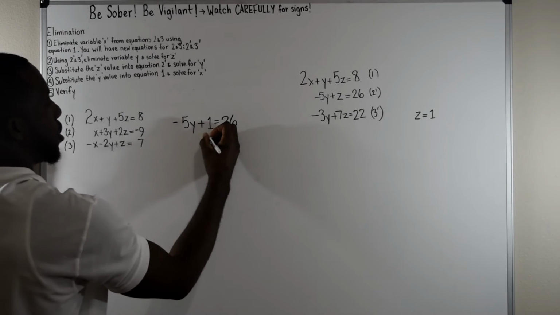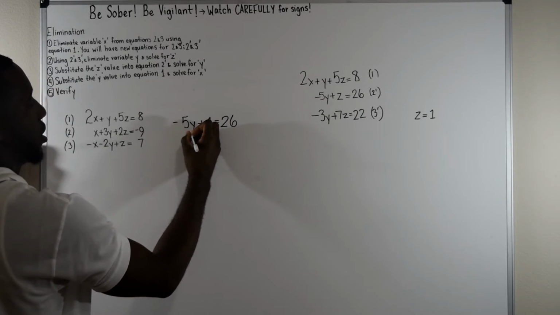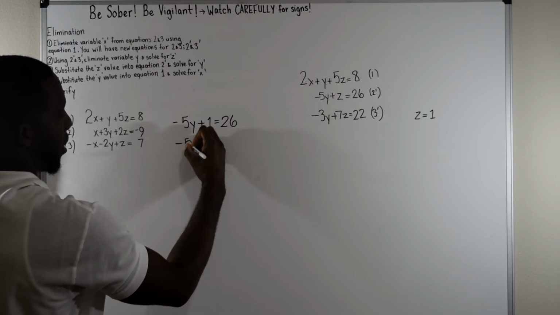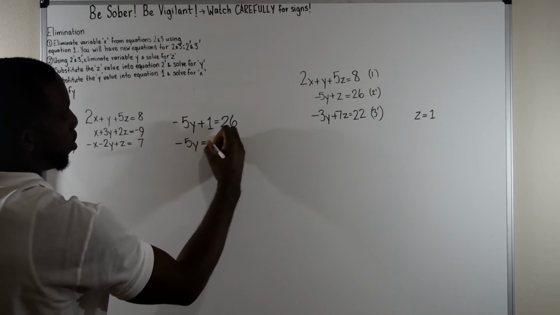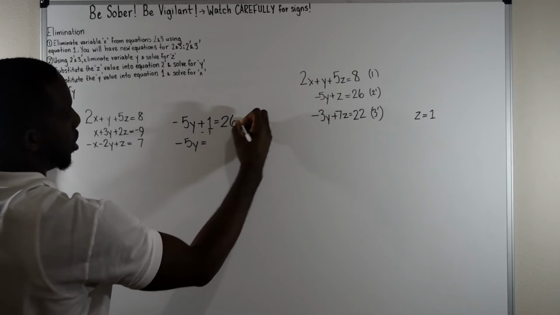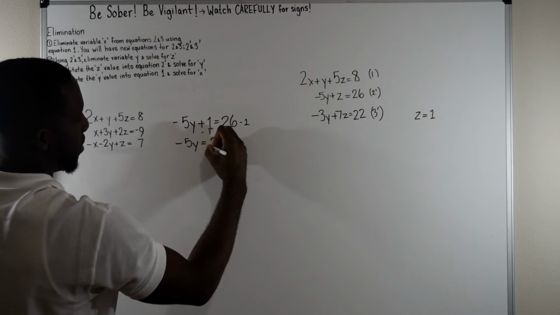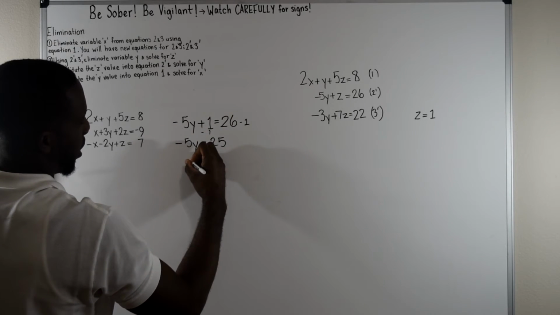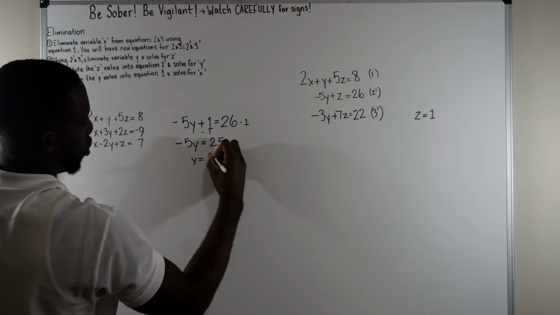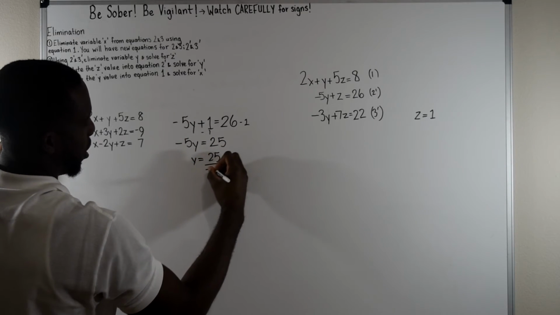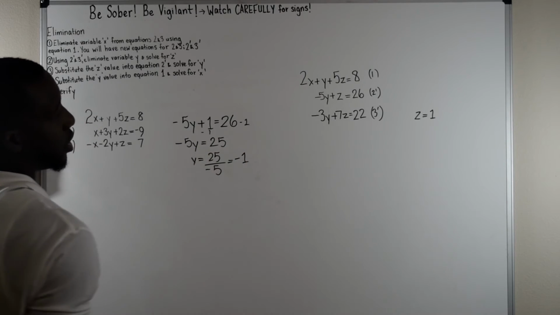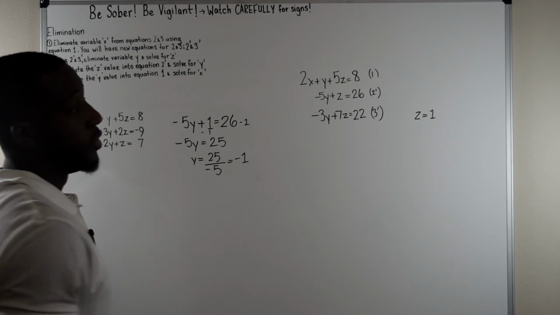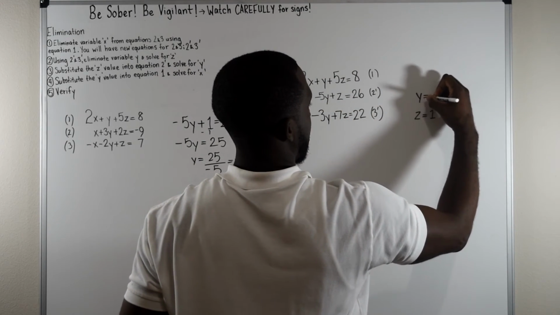All right, so I'm going to isolate the y, and I got negative 5y equals 25. So I got y equals 25 over negative 5. So y equals negative 1. Okay. So I got y equals negative 1.